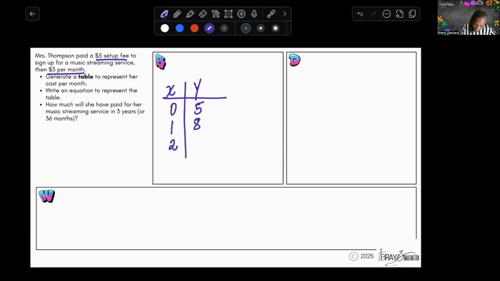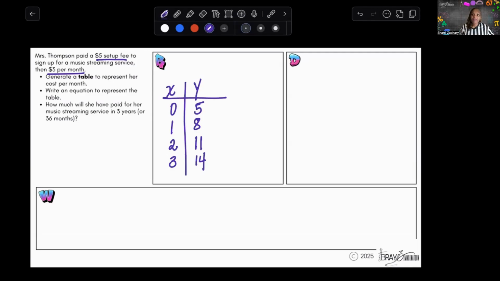Well, I have to add three more dollars to my last total, which gives me 11, because that includes the setup fee plus 2 months of service. And then at month three, I have my setup fee plus 3 months of service. So I'm at 14. So I now have 4 points. Again, as a teacher, you can determine how many points you want the students to represent.